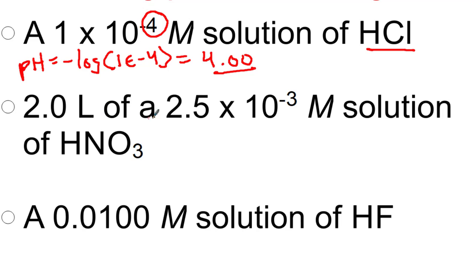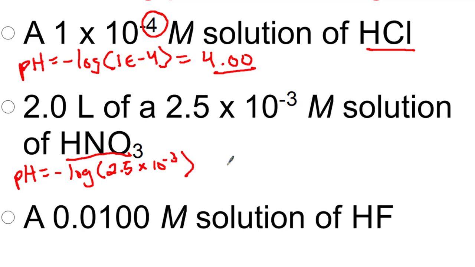The next one, we have 2 liters of a 2.5 times 10 to negative 3 molar solution of HNO3. What do we know about HNO3? It's a strong acid, so I can use my pH calculations immediately because it dissociates 100%. Negative log of my concentration. What's my concentration? It's 2.5 times 10 to negative 3. It doesn't matter how much I have of that.